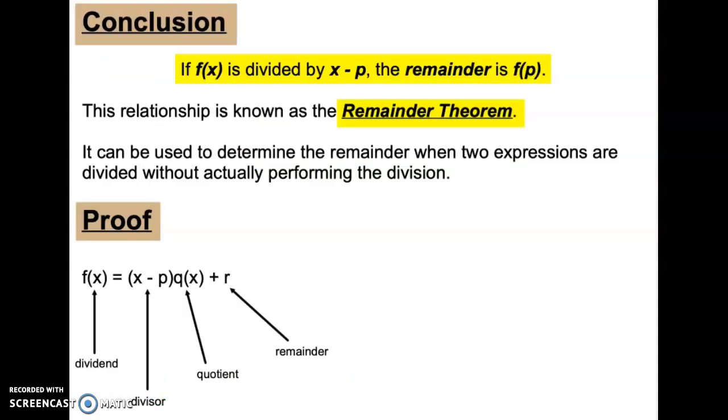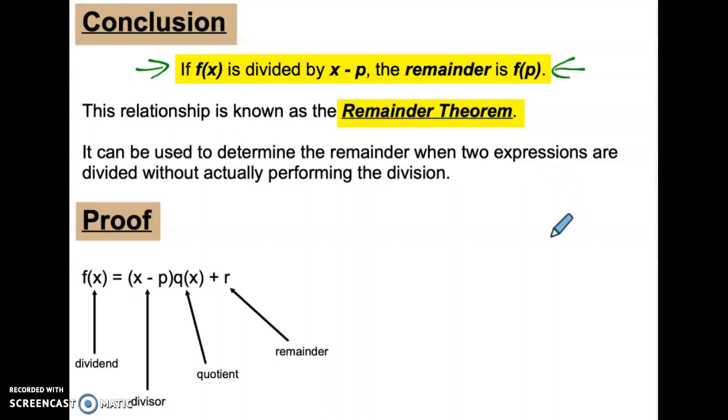And that's actually what the remainder theorem says. Okay, and this here in yellow is the official statement of the remainder theorem. It says that if f at x is divided by x minus p, then the remainder is f at p. Okay, so in other words, you can take p, plug it into f, and you will get back your remainder.